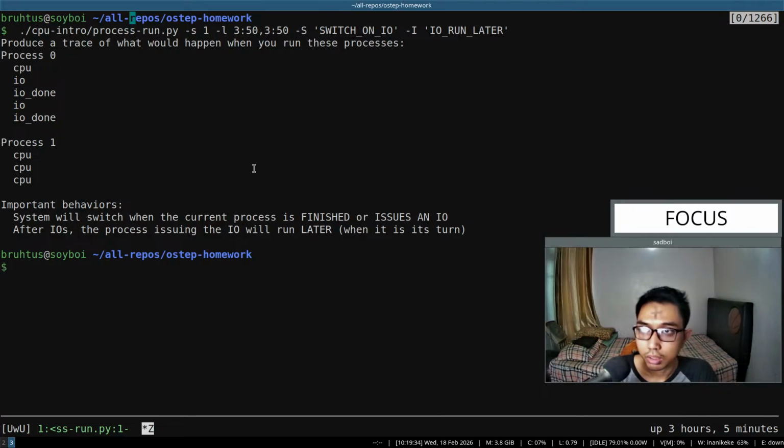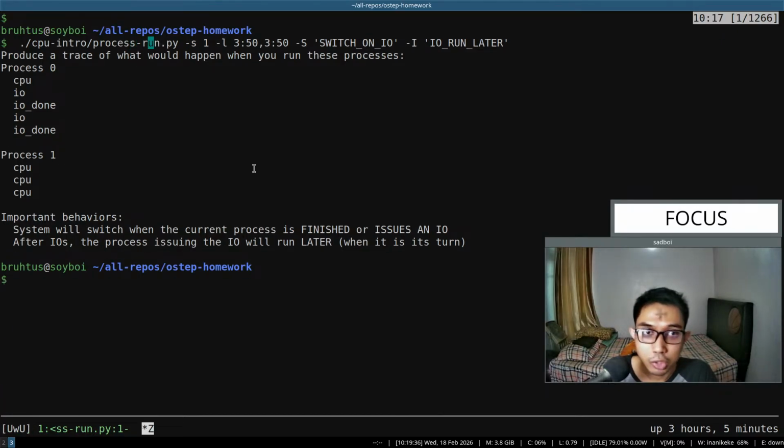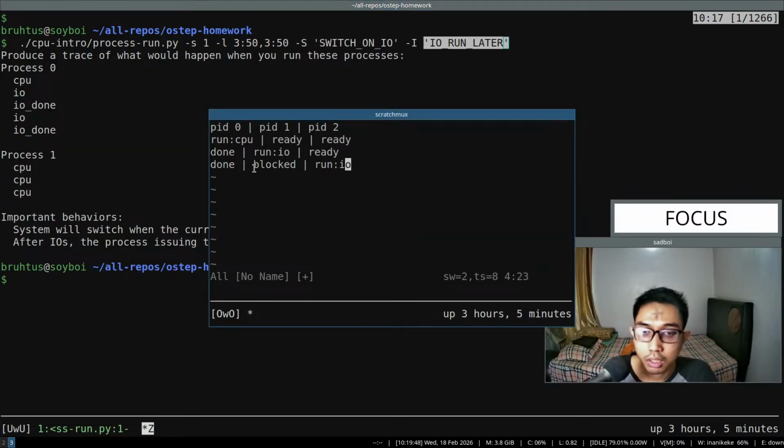We are using the policy IO run later, right? The default policy, input output run later. So that means this one should be ready, I assume.